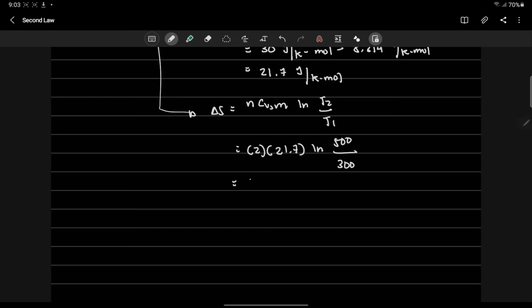We got here 22.2 joules per Kelvin mole. This is now our final answer for the change in entropy for this particular problem.